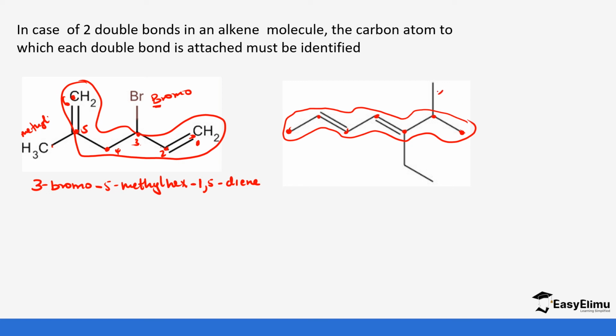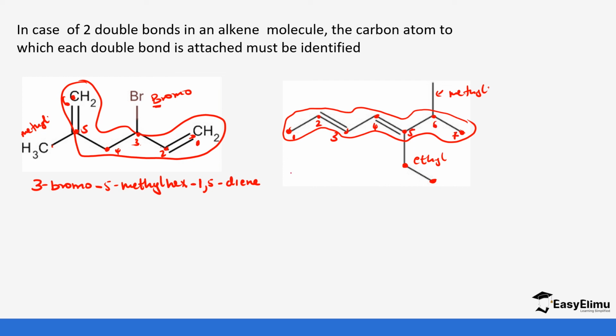So this is going to be a branch, methyl, and we have ethyl. Ethyl because you can see 2 carbons. So when you start now numbering, you number from this side because it gives the branches the least number. So it's 1, 2, 3, 4, 5, 6, 7.